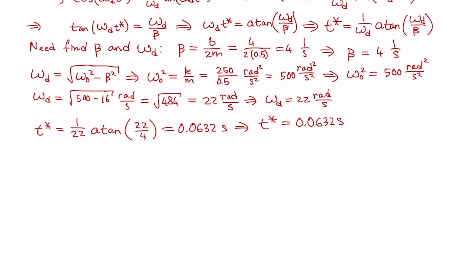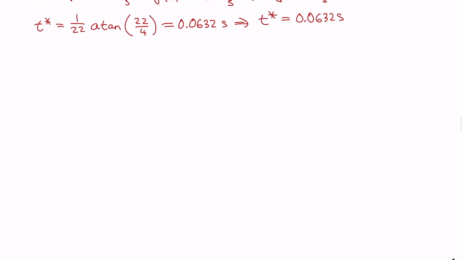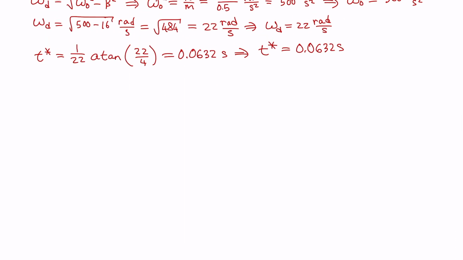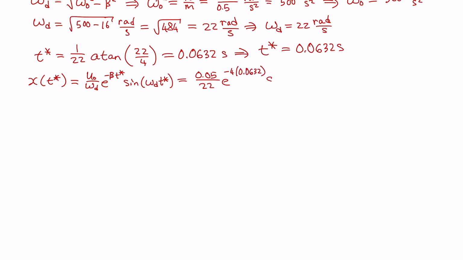And now we need to find that peak displacement, which means we need to plug this value into x. So x of t star is going to be equal to u0 divided by omega d, e to the minus beta t star, times the sine of omega d t star, which is now equal to 0.05 divided by 22, e to the minus 4 times 0.0632, times the sine of 22 times 0.0632.